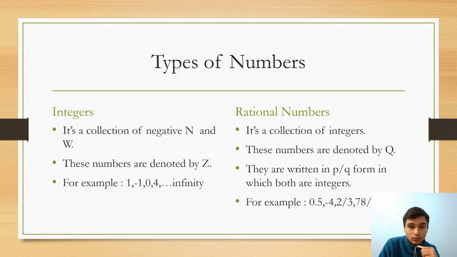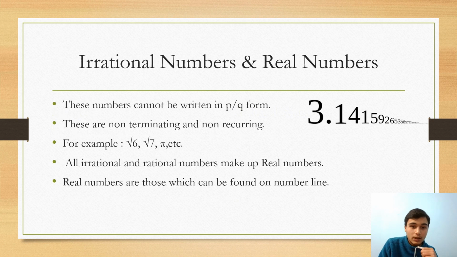Now let's move towards the irrational numbers and real numbers. These numbers cannot be written in p upon q form simply. Rational, irrational. These numbers cannot be written in p upon q form. These are also known as non-terminating and non-recurring. Now what is recurring and what is terminating?